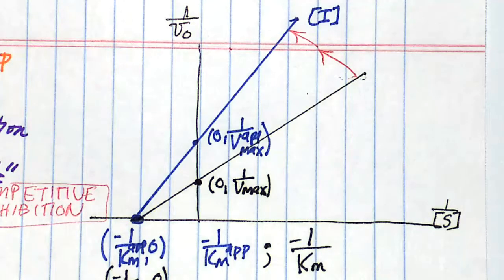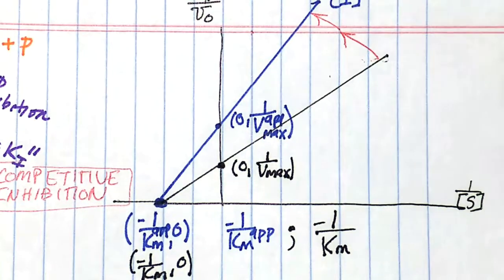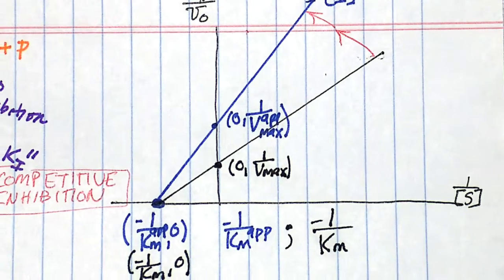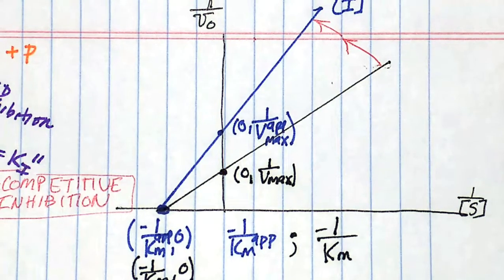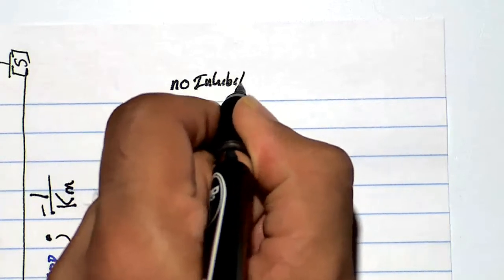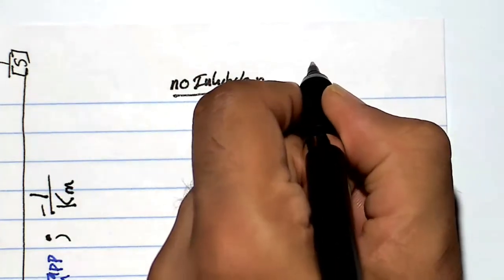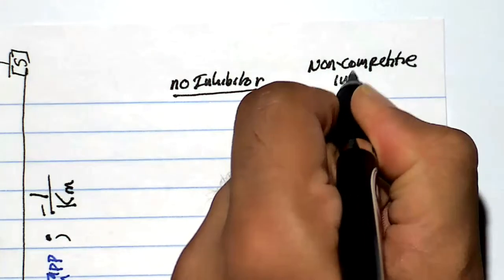So what has happened here in pure non-competitive inhibition? Your K sub m remains unaltered. So if we were to summarize our findings: no inhibitor, and here we have the presence of a non-competitive inhibitor. With no inhibitor, we have V sub max.